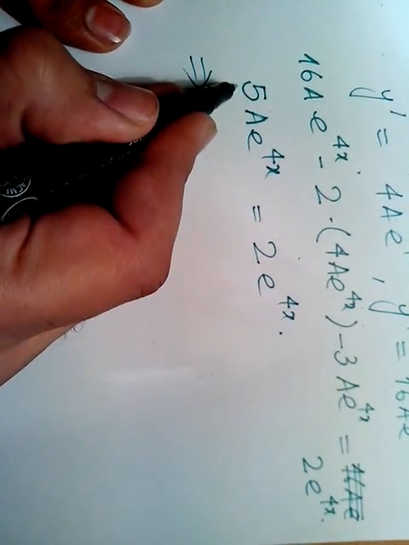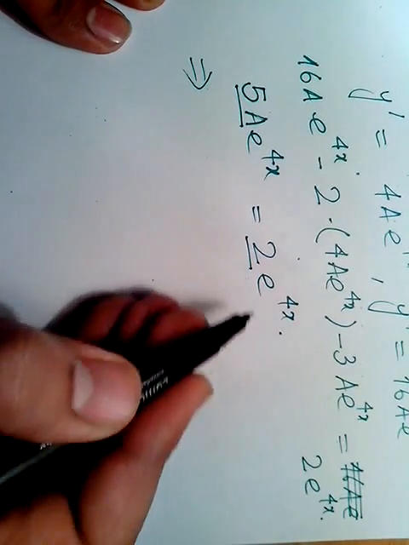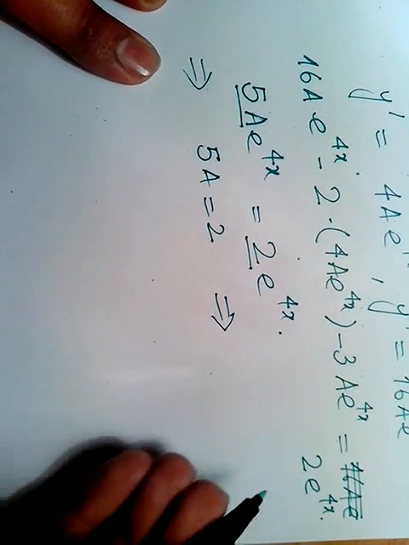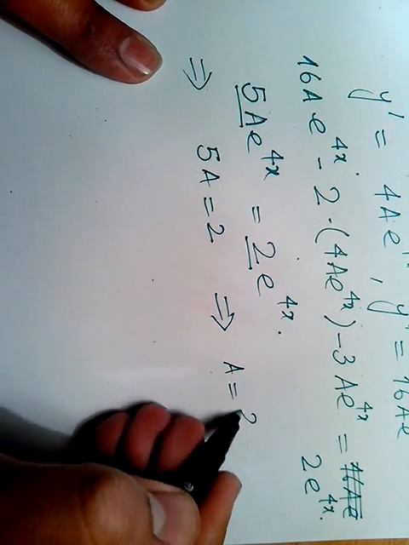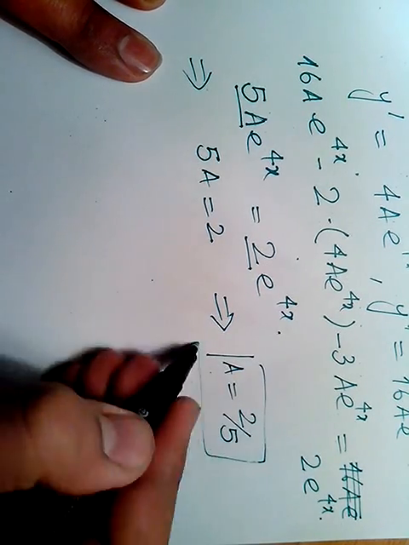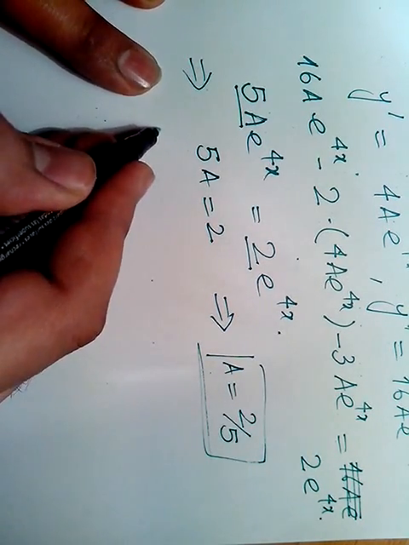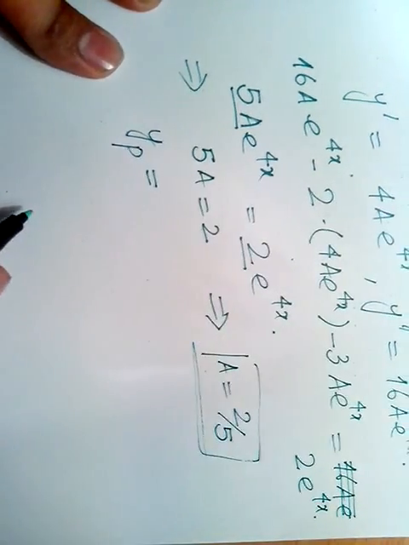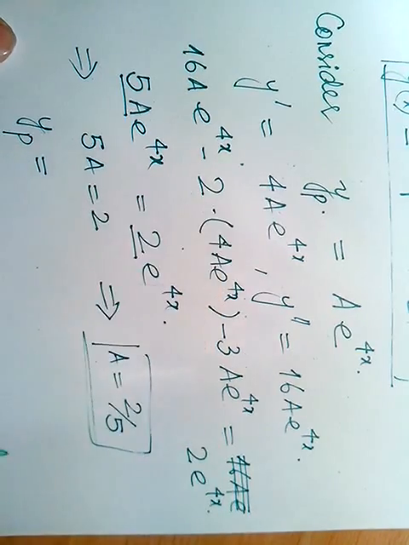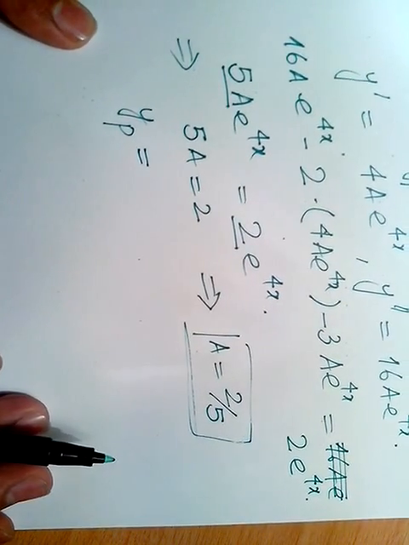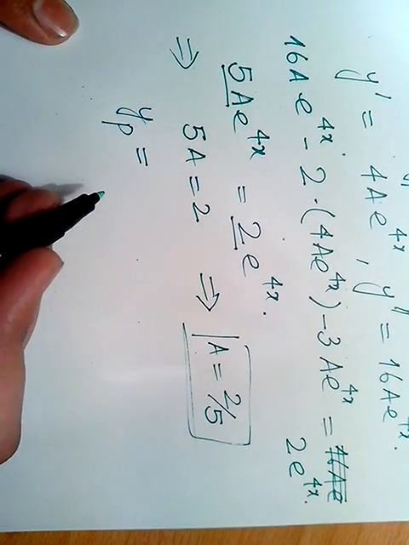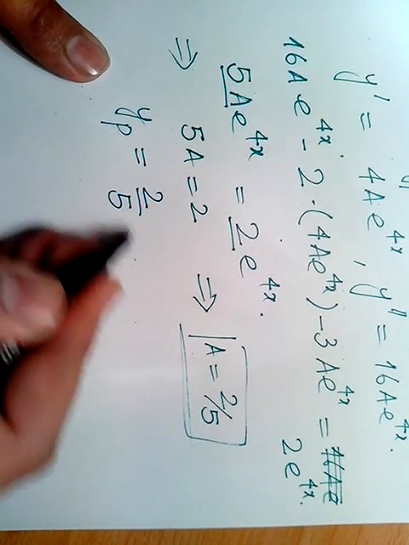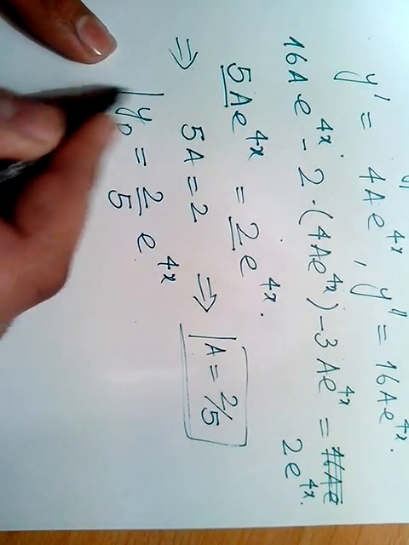If we compare the coefficients, 5a equals 2, which implies that a is 2 by 5. So the particular solution yp is 2 by 5 e raised to power 4x.